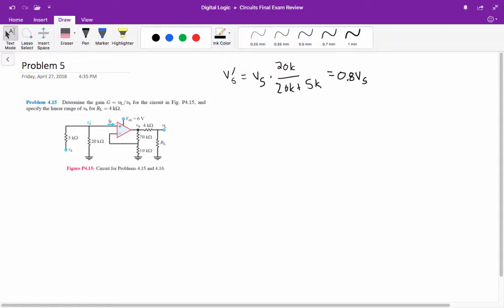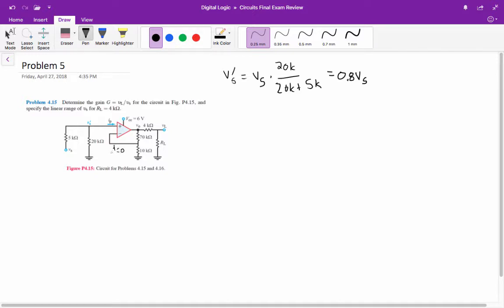Now let's look at trying to find V out. So V out is right here. We know that there is no current in the wire going into the negative because IN equals IP equals 0. So the current here is 0.